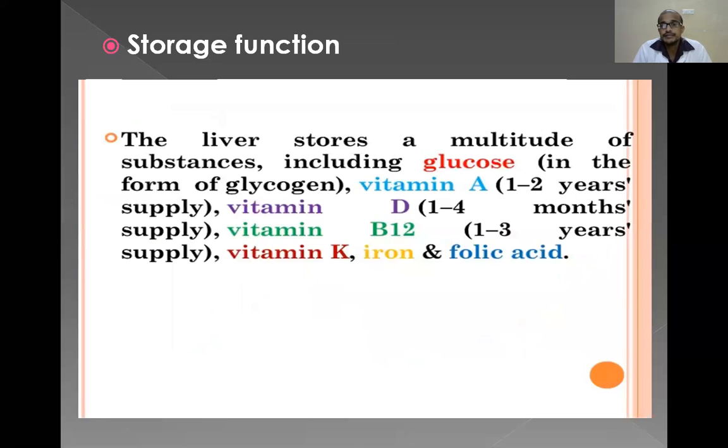Storage function. Coming to storage, we know the liver is an important organ for the storage of glucose, which is very necessary for us in daily life. It stores the glucose in the form of glycogen. We all know we get energy by glycolysis, by breakdown of glucose in each and every cell. When we take food, it is digested to glucose and absorbed in the form of glucose, and finally by glycolysis we get the energy.